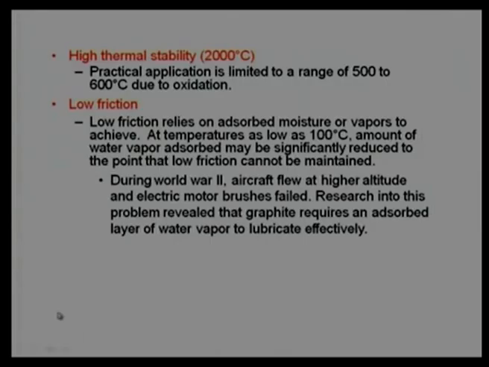At high altitude, generally electric motor brushes, as carbon graphite is used to make electric brushes, failed, and after research and analysis, it was figured out that the adsorbed layer of water vapor, which was supposed to lubricate effectively, was lost from the surface. That is why there was a high coefficient of friction and high wear rate in the equipment used during World War II.